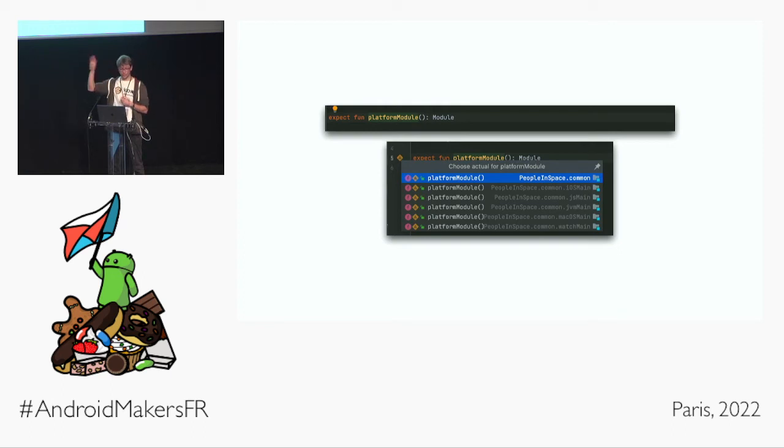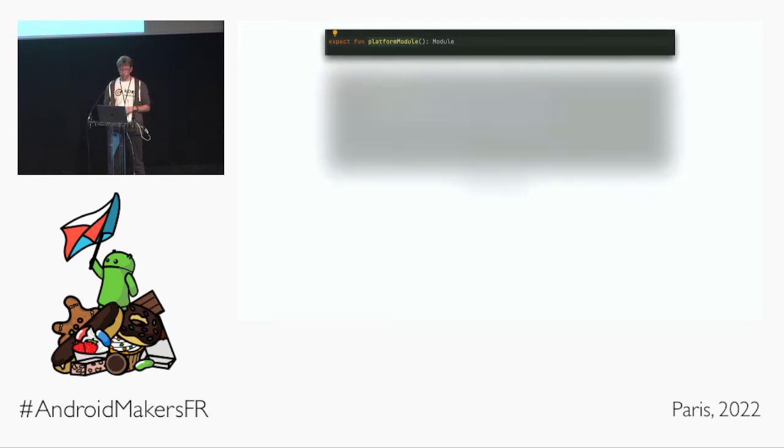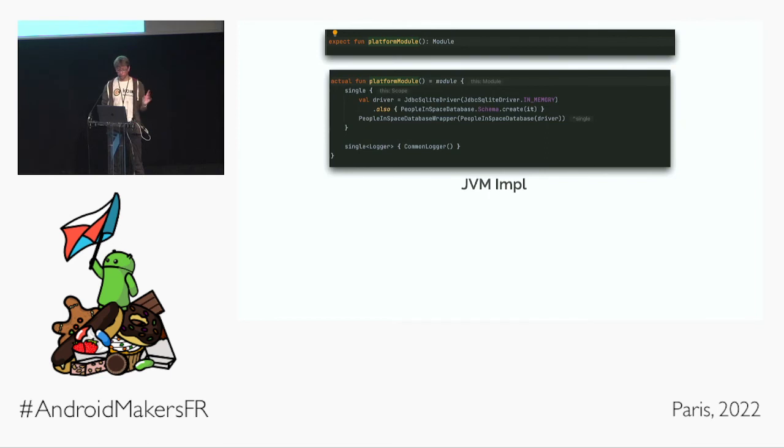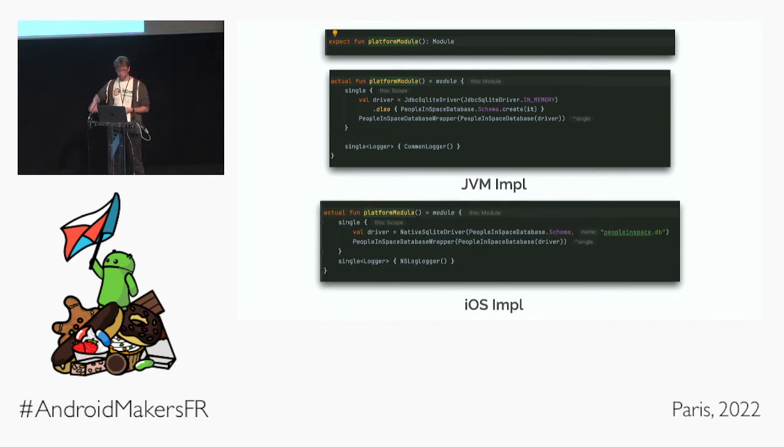On the common side of the application, we have an expect fun platformModule. That means it will be something we want to redefine on each platform, with a dedicated platform module describing the native configuration. Behind that, we may have a JVM SQLite driver configuration, and on the iOS side, we instantiate the native SQLite driver component.